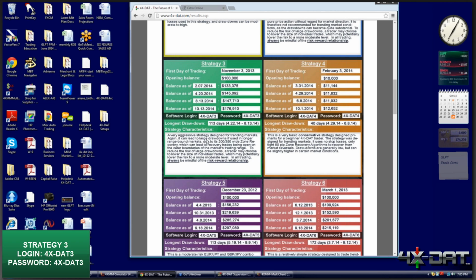It is a fairly aggressive strategy, and for the most part a trending strategy. The longest drawdown was 113 days, so we went almost 4 months without a profit, which is part of the deal.